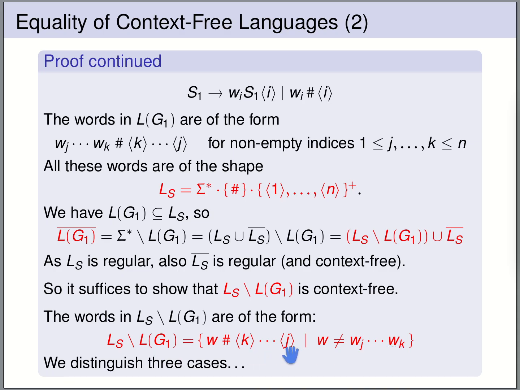So these are the indices j up to k, and on the left we have then the concatenation of wj to wk. And if this word w is not equal to this concatenation, then this word is not generated by the grammar G1.